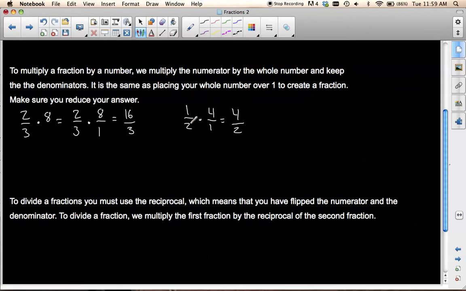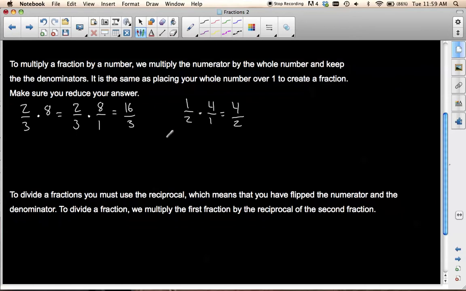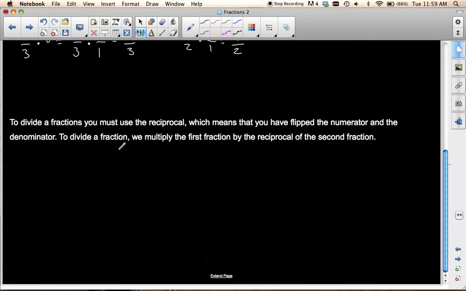Okay, so we're going to stop there for that one. Now, for division, to divide fractions, you must use the reciprocal, which means that you flip the numerator and the denominator. To divide a fraction, we multiply the first fraction by the reciprocal of the second fraction.